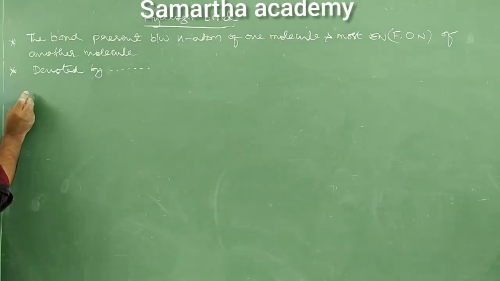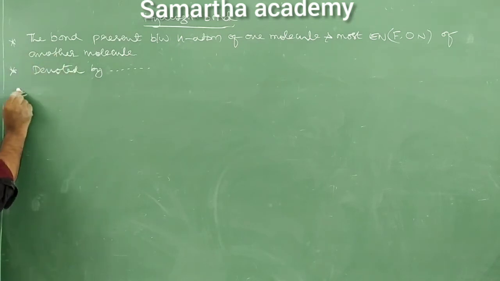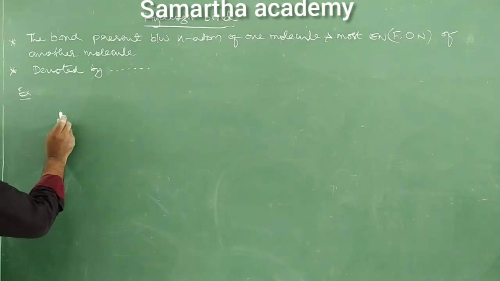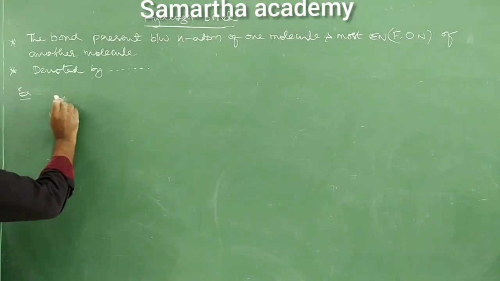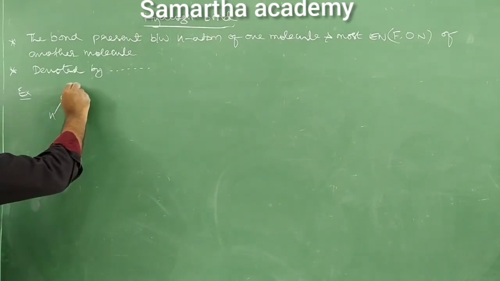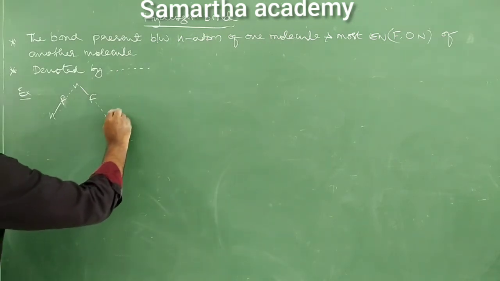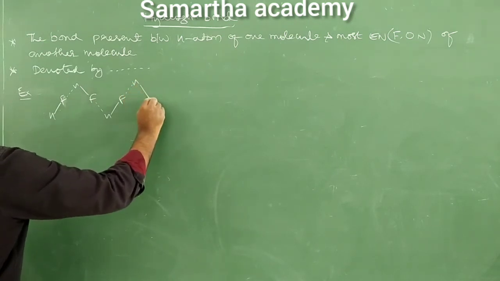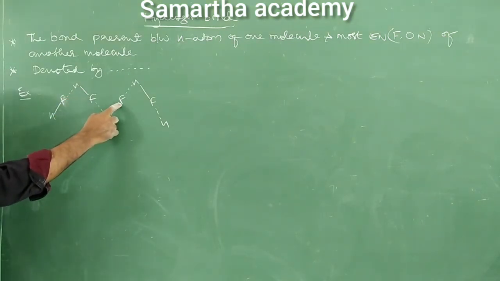Next, conditions. Before that, take an example. Example, you can take HF. See here, this is one HF now. HF, HF, HF.